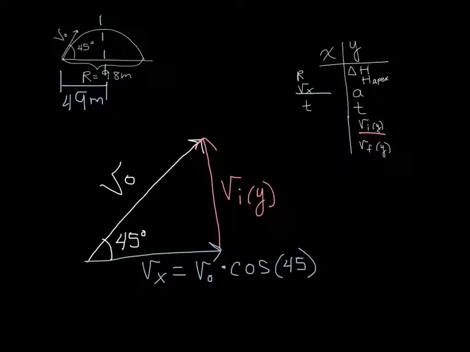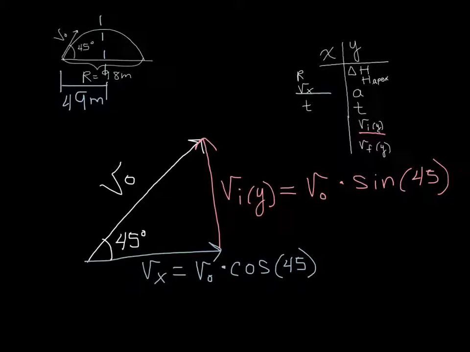And in exactly the same way, we can say that my V initial is equal to V naught times sine of 45, sine of theta. Of course, we know that sine of 45 and cosine of 45 give the same value, but that's not something that always applies.